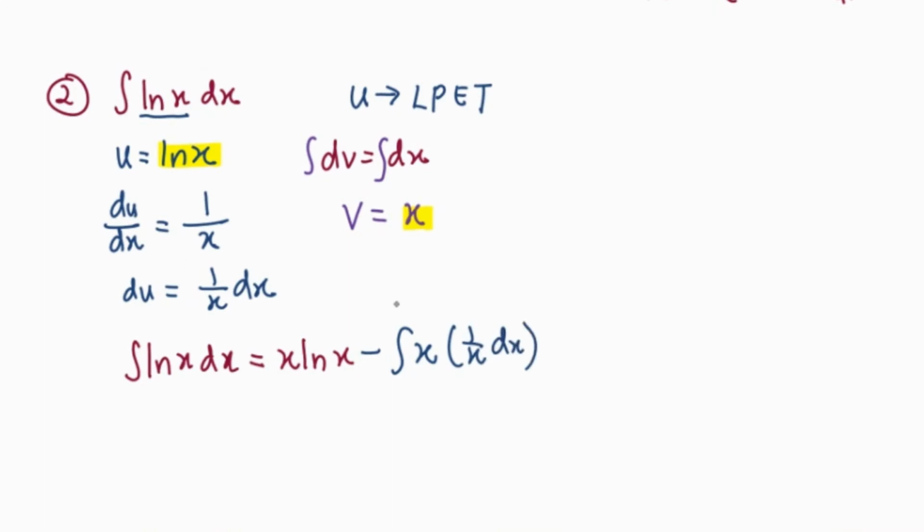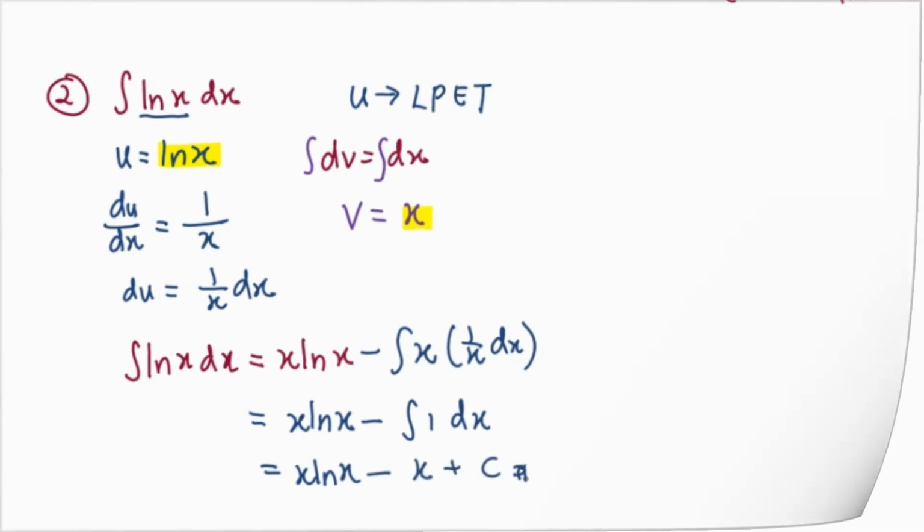Plug in the information for u, for v, and then for du. After we plug in the information here, this is our part that is already simplified. We just need to integrate this part. So x times 1 over x, we can simplify, leaving 1. Therefore, integrate 1 with respect to x will give us x, then plus c.